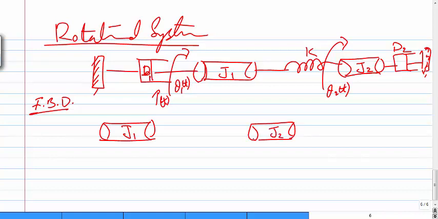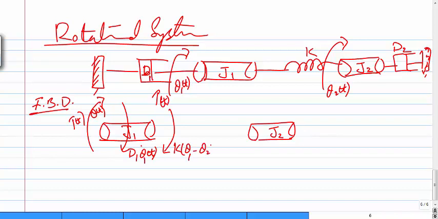Torque is applied here, so we do have some opposing, and theta is in this direction. We do have some opposing here, which is with the damper, D1 theta 1 dot, and also with the spring, which is K times theta 1 minus theta 2.